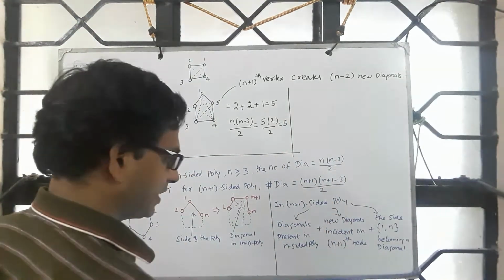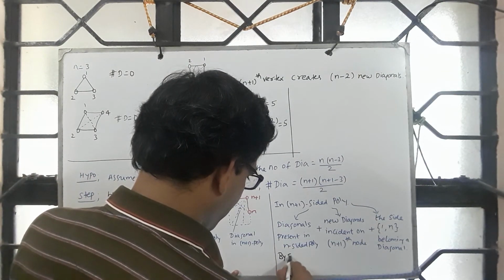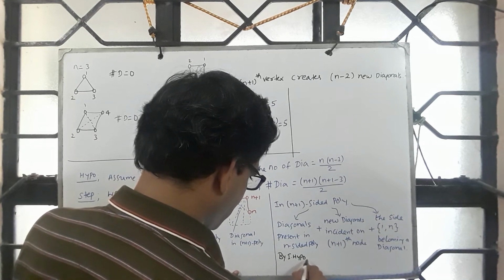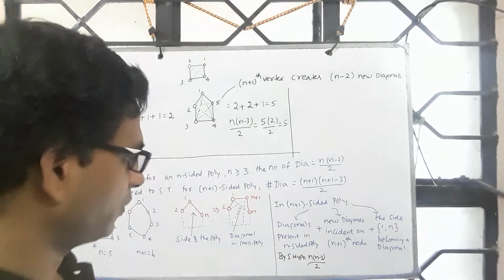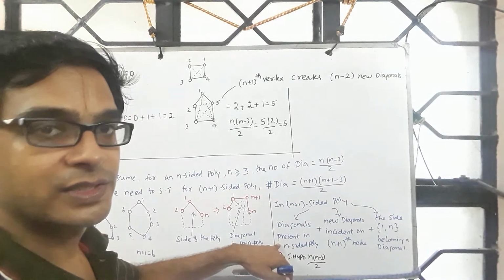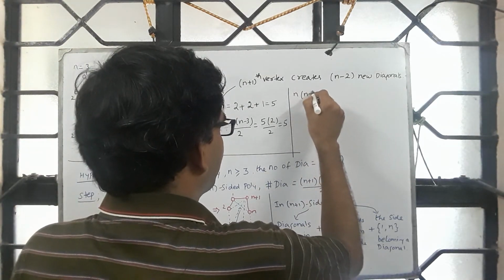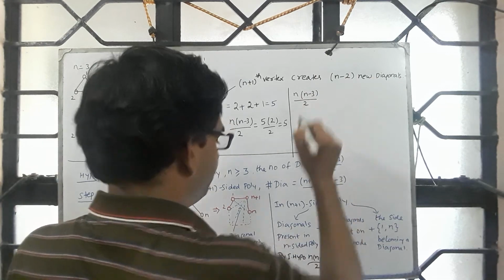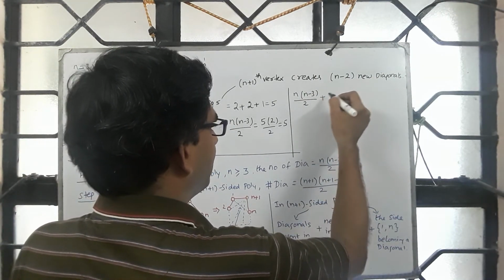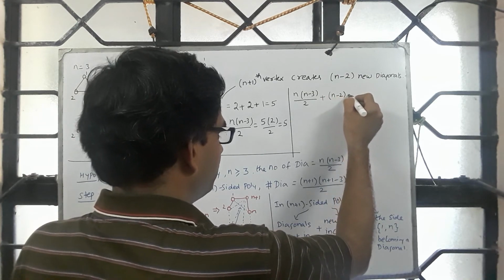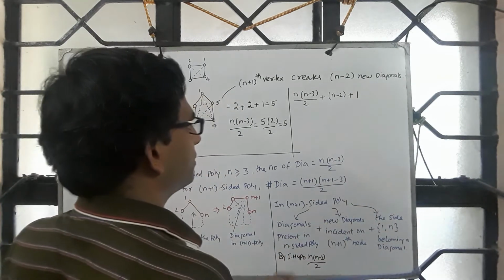So how many diagonals do we create in n plus 1? The number of diagonals present in the n-sided polygon by inductive hypothesis is n into n minus 3 by 2. Please note, I am using the inductive hypothesis at this place. So you get n into n minus 3 by 2 plus how many new diagonals are created? I am creating n minus 2, plus the side is becoming this.